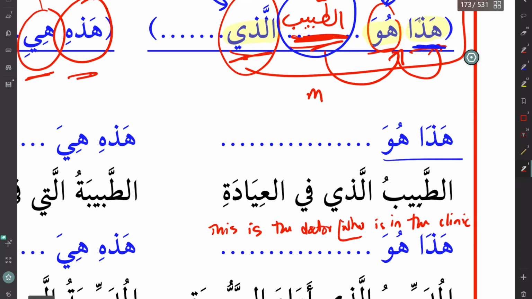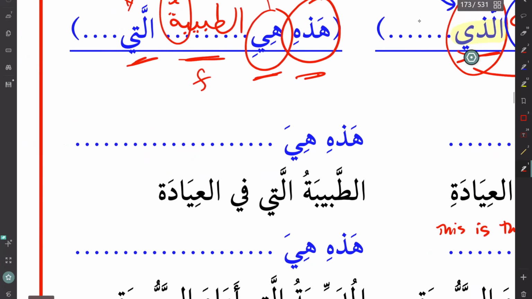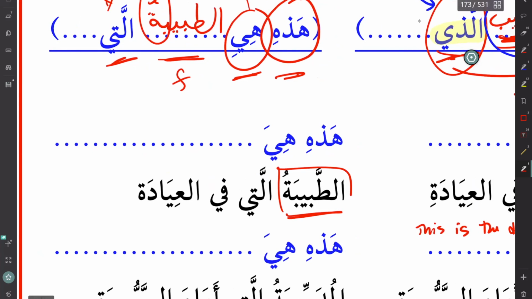So who here is the alladhi, and here we have هذه هي الطبيبة التي في العيادة. It's the same exact sentence, but the only difference is that here we're talking about a female doctor. That's why we have to change every single pronoun. We have to change all of them.